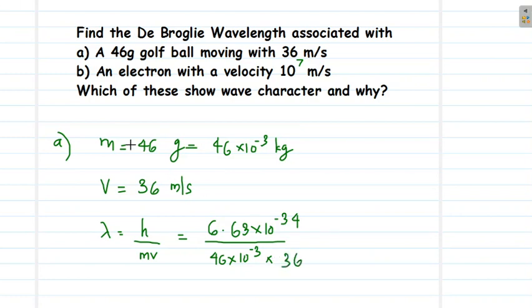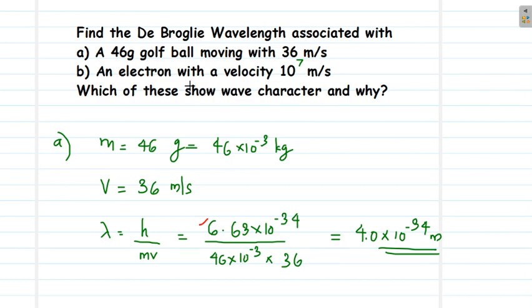You have to learn by heart the value of h because in problems this value will not be given, and you can calculate this value to be equal to 4.0 into 10 raised to minus 34 meter. So this is the wavelength associated with a golf ball moving with a normal velocity.